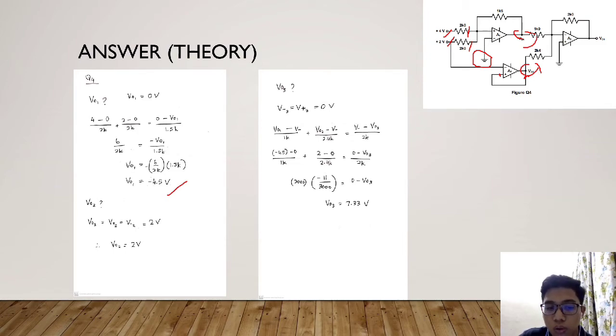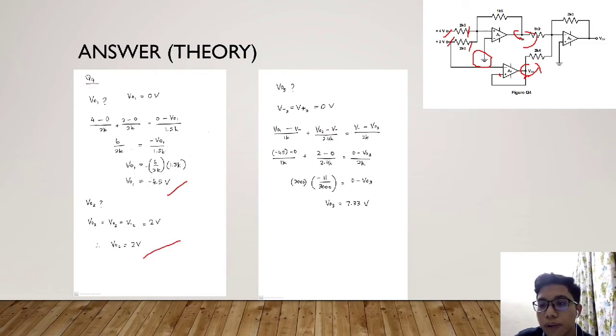The value of V plus 2 is equal to V minus 2, and V minus 2 is equal to 2 volt, as it is connected with the 2 volt voltage supply. Therefore the value of V output 2 is 2 volt. Settled for V output 2.